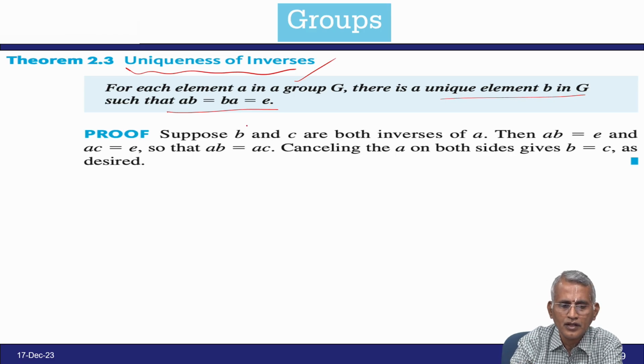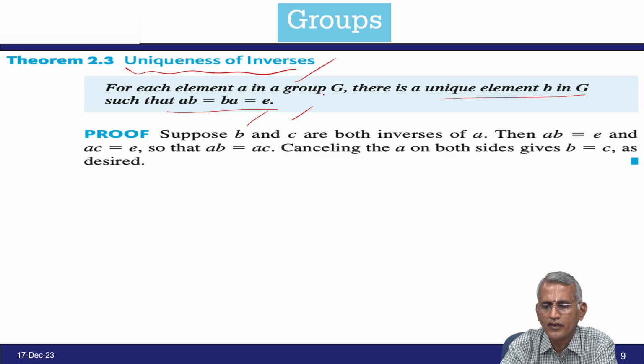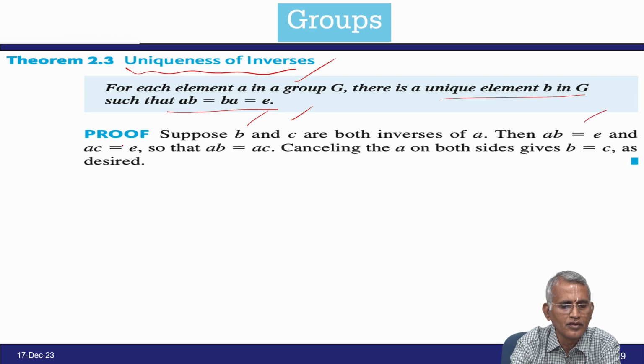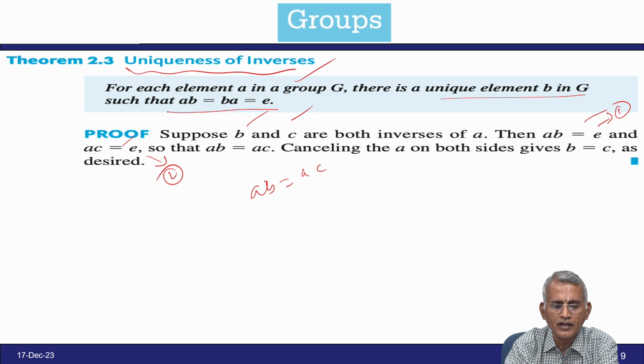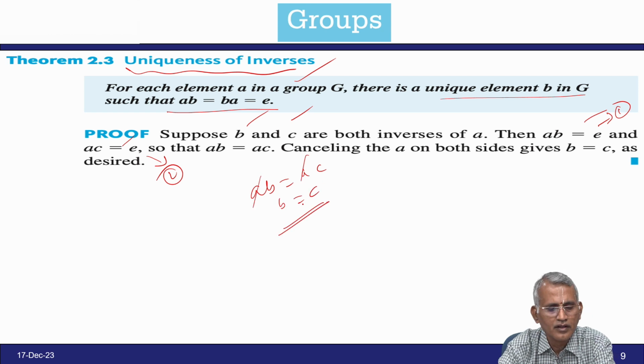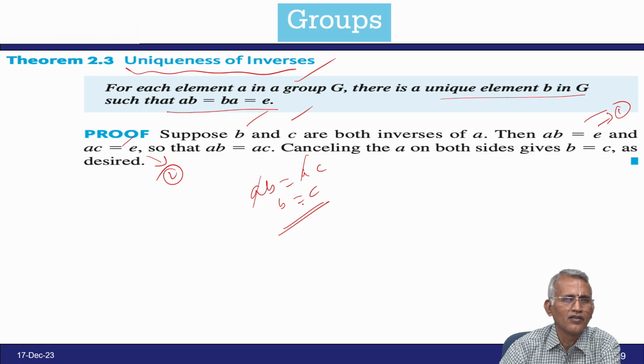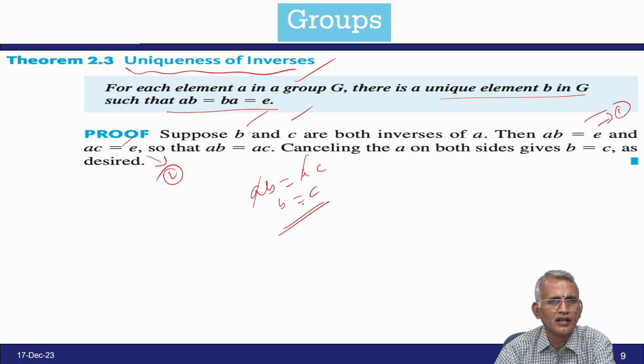Suppose B and C are both inverses of A, it means AB equal to E and AC equal to E. Now call this 1 and this 2, and substitute the values: AB equal to AC. With the help of the cancellation law, B equal to C, therefore we got the desired result: uniqueness of inverse.